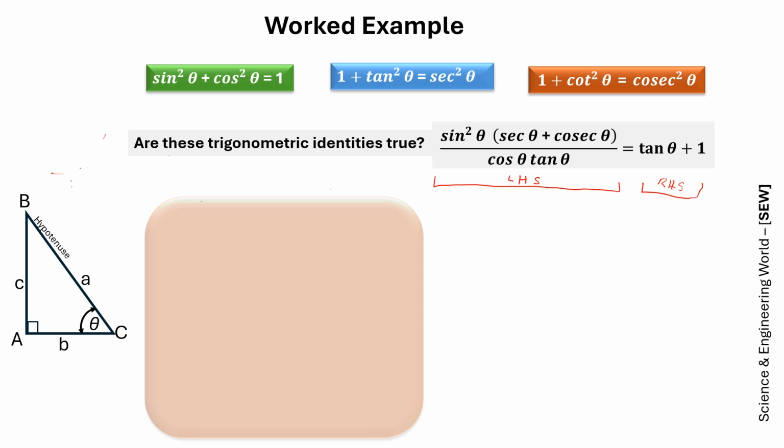We have here left hand side: sine square theta in brackets sec theta plus cosec theta, all over cos theta tan theta.